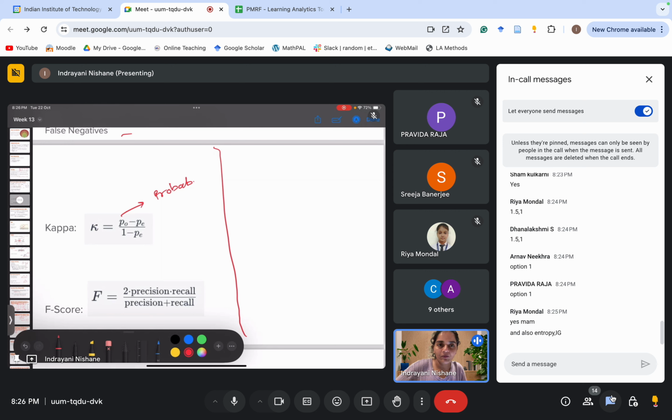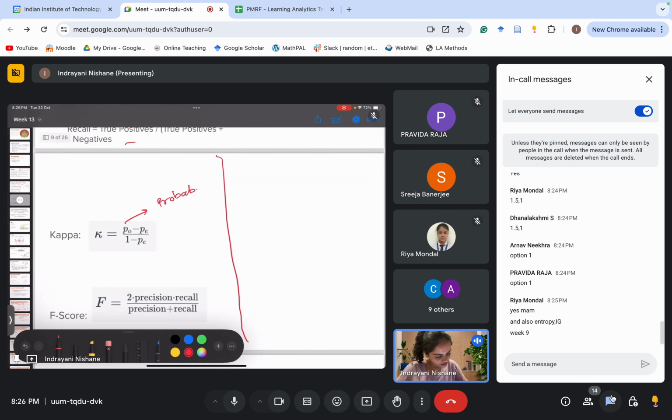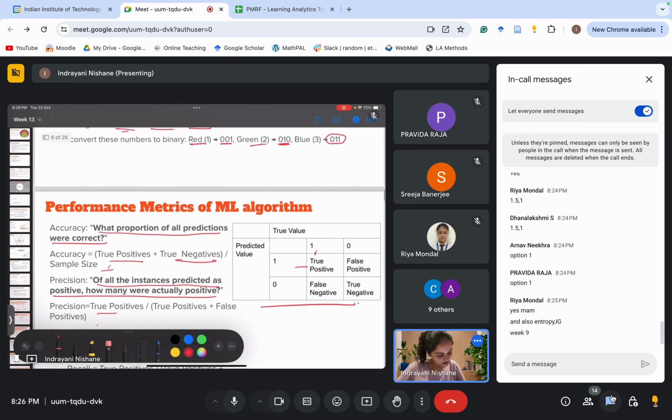And one more important tip which I would like to give you, I'll mention it here also in one of the slides.